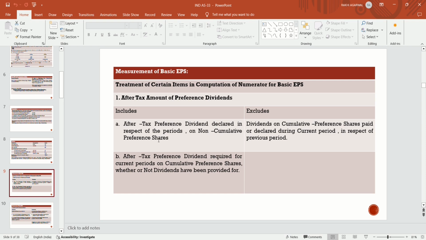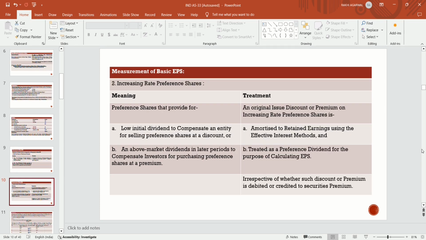It excludes dividend on cumulative preference shares paid or declared during the current year in respect of prior periods.